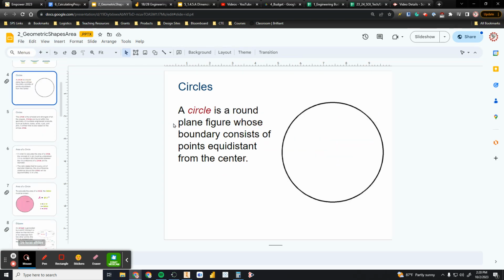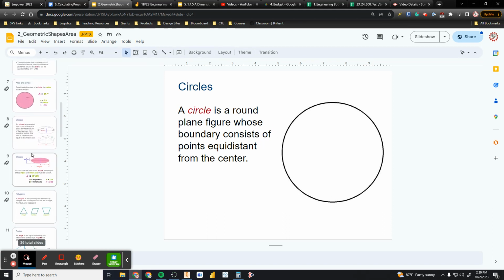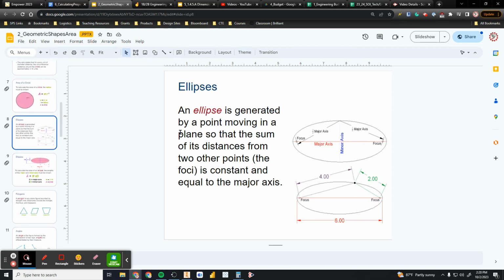This is what I want. A circle is a round plane figure whose boundary consists of points of equal distance from the center. So from the center, equal distance all the way around, whereas an ellipse is generated by a point moving in a plane so that the sum of the distances from the 2 other points is constant and equal to the major axis. Okay, so that's where you're getting into the differences between the minor and the major axis.